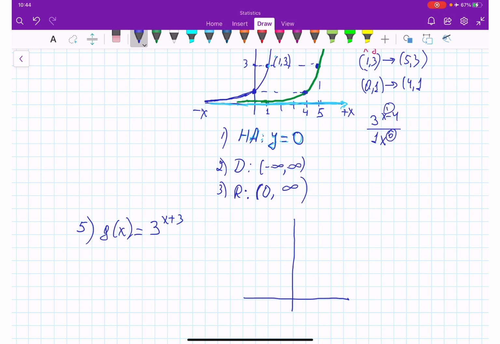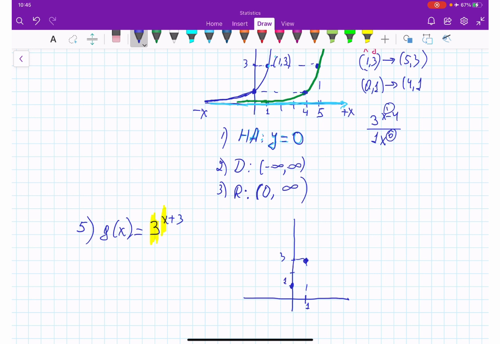Okay, so first I have to build what? 3 to power x, right? Okay, the graph 3 to power x, this is 1, this is 1, 2, 3, right? This is 1 point we have, and the other point is 0, 1, right?